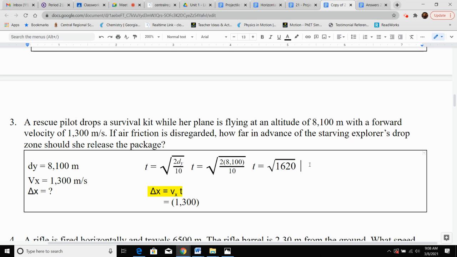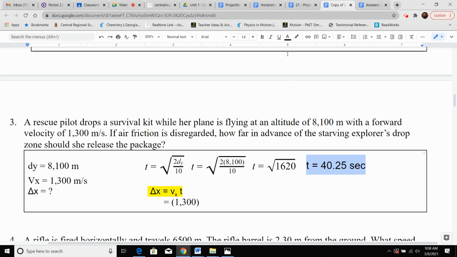And so T will equal the square root of 1,620. And that comes out to be 40.249. So we'll round it to 2 decimals, 40.25 seconds.